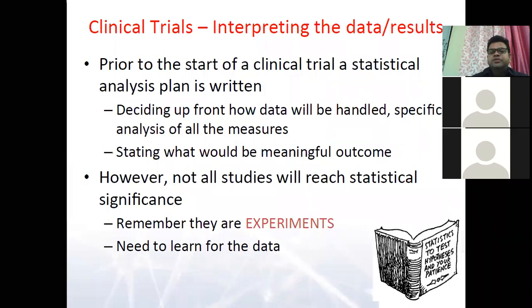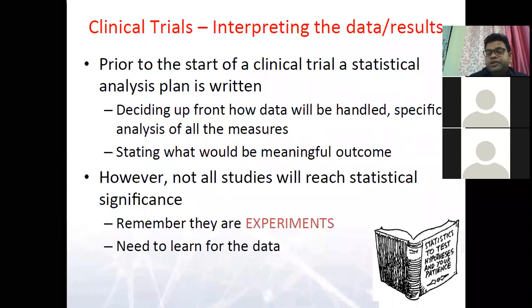These will be decided in advance before starting any clinical trial. For example, deciding up front how data will be handled, a specific analysis of all the measures, and stating what would be the meaningful outcome.